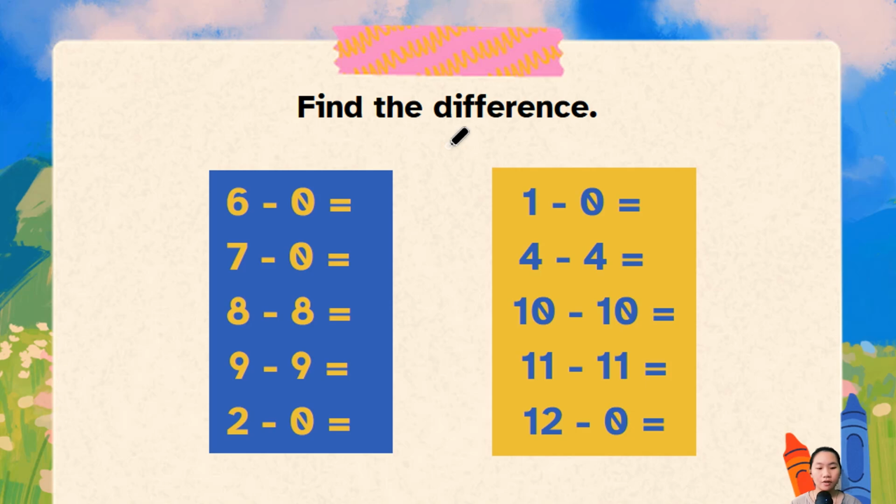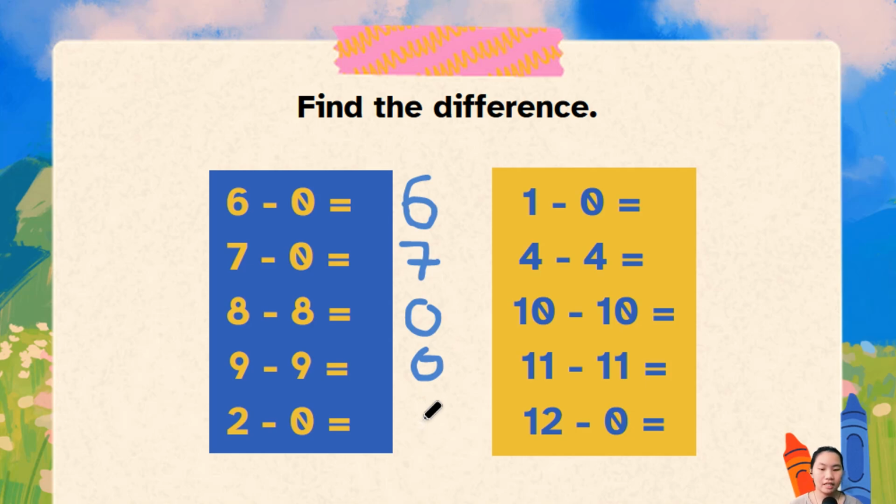6 minus 0 is 6. 7 minus 0, 7. 8 minus 8, 0, since you have nothing left. 9 minus 9. Once again, the same with 8 minus 8, it is 0. The difference between 2 and 0, what do you think?